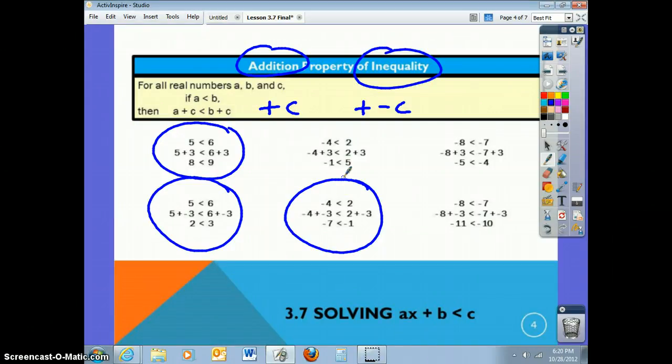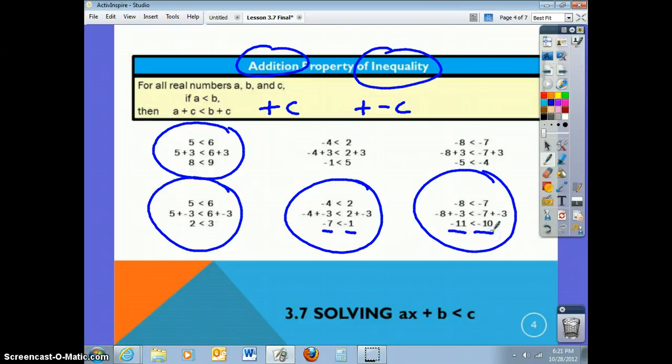Negative 4 is less than 2, add a negative 3 to both sides, you get negative 7 is less than negative 1, which is clearly true. And then two negatives: negative 8 is less than negative 7. Add negative 3 to both sides again, you get negative 11 is less than negative 10, which is true.